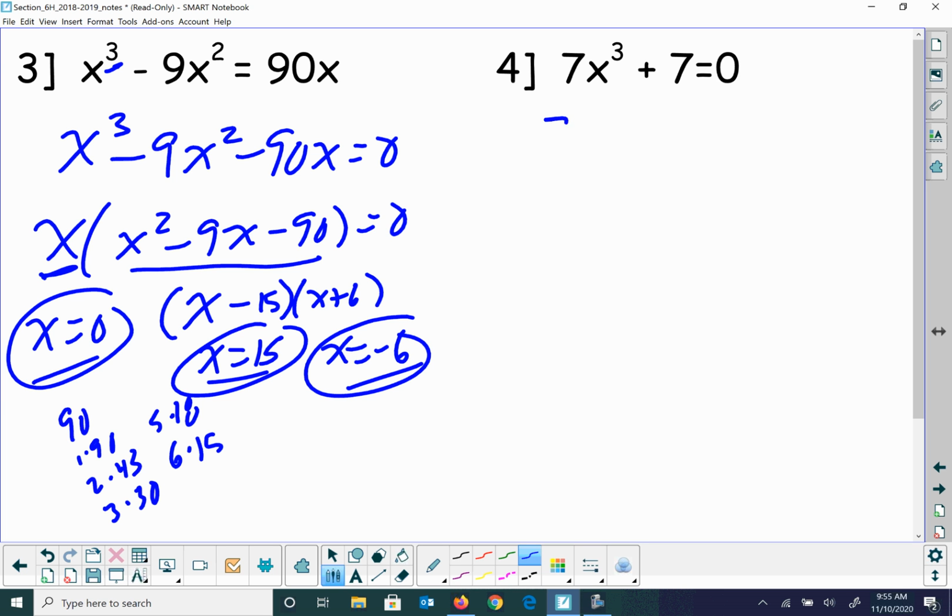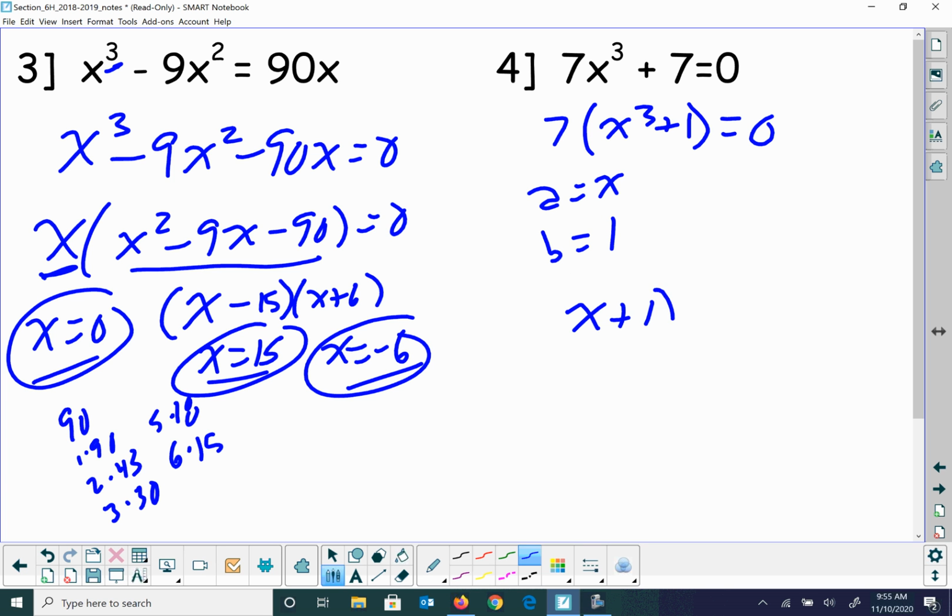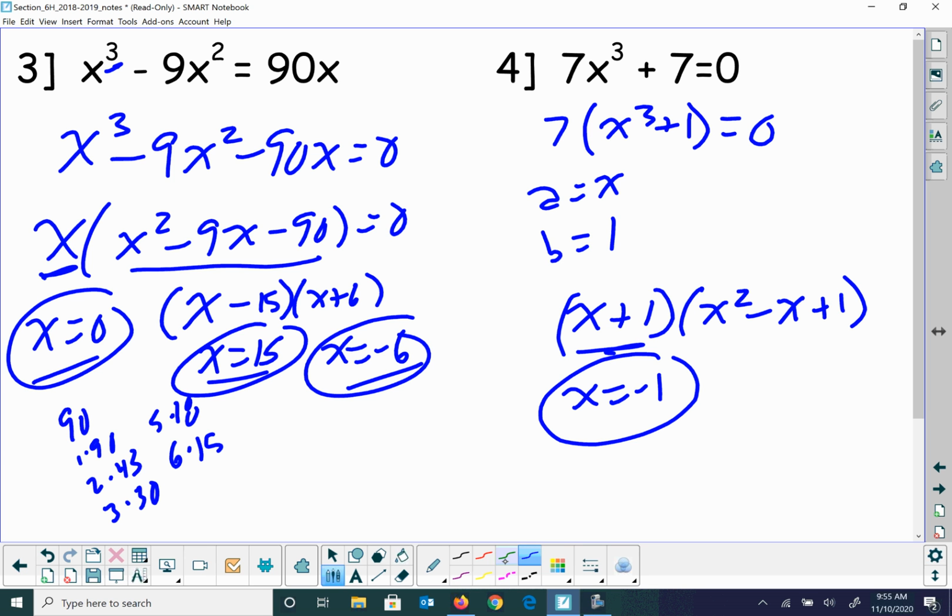Next problem, I'm going to factor 7 out. So my a value is going to be equal x, my b value is going to equal 1. So I get x plus 1 times x squared minus 1x, or just x, plus 1. This is going to give me an answer of x equals negative 1. But this one is not going to factor, so quadratic formula.